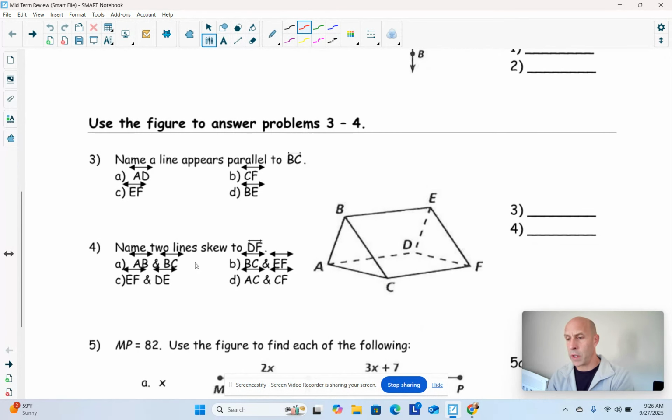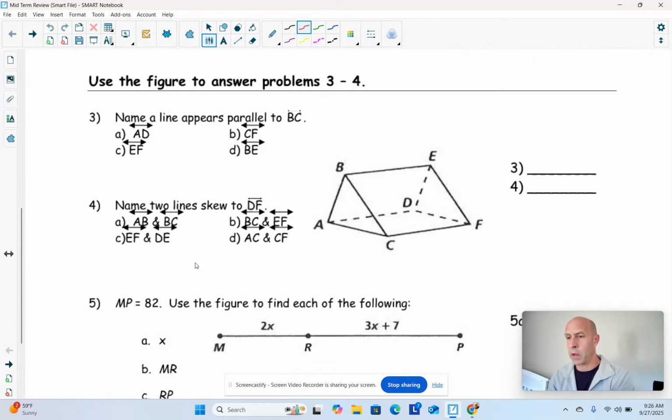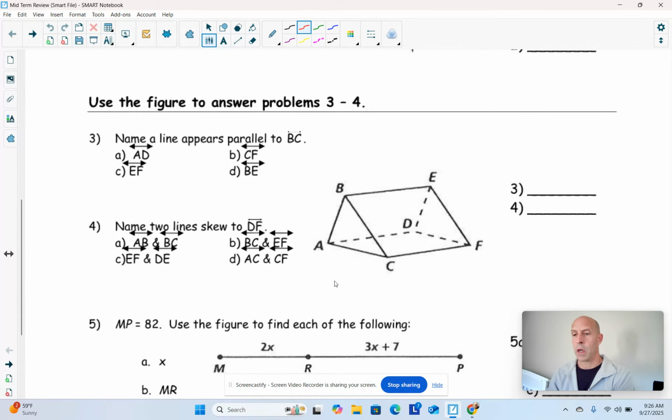What I want to do is jump down here to number 4. So number 4 says name 2 lines that are skew to line DF. So line DF is this line right here on this prism. There's the line we're talking about, and we want to find 2 lines that are skew. So they can't be touching that line, and they also cannot both be in the same plane.